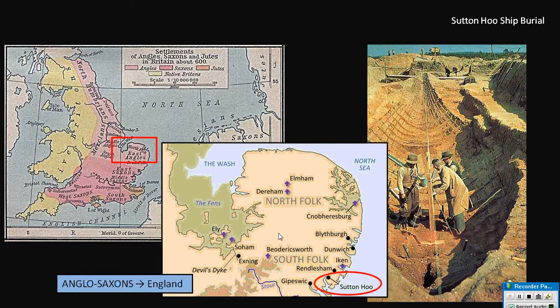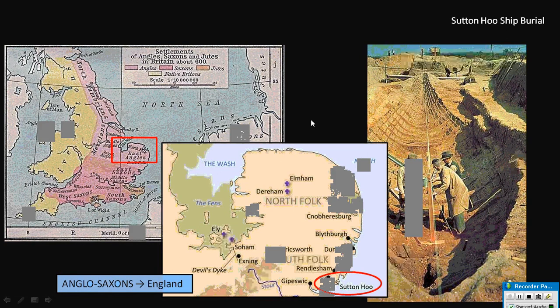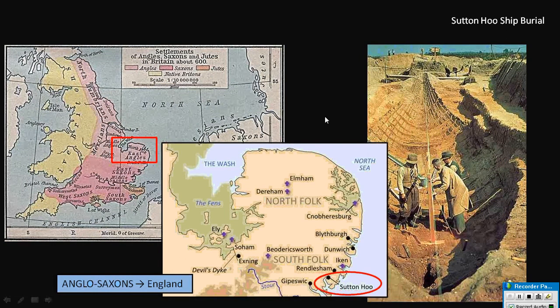And immediately in sight of the ocean. As we saw with other cultures, inside these boats would be luxury objects buried with the leader, the exact same thing we've seen in many, many early cultures.